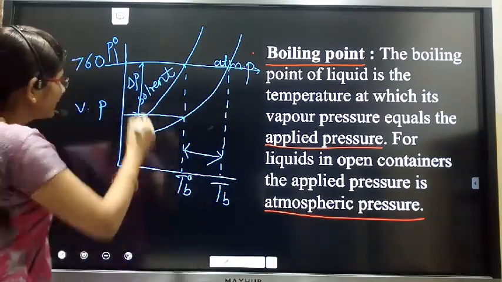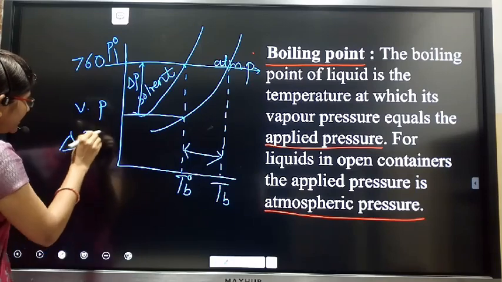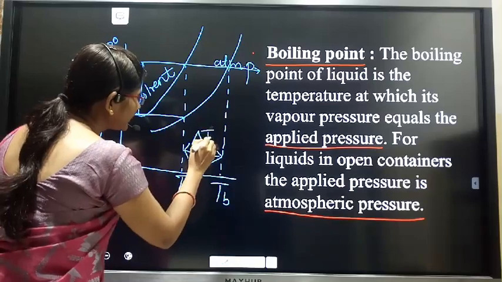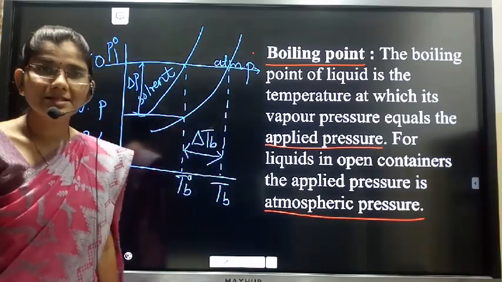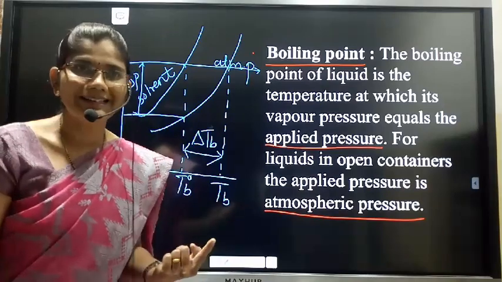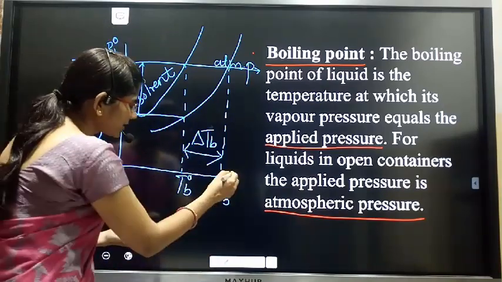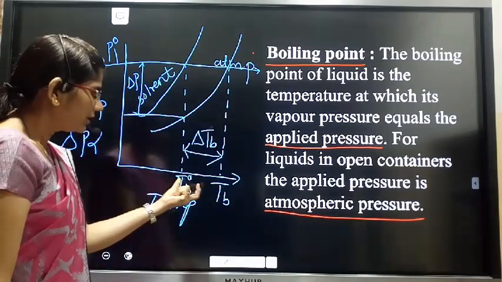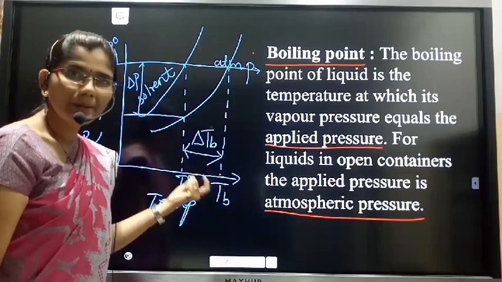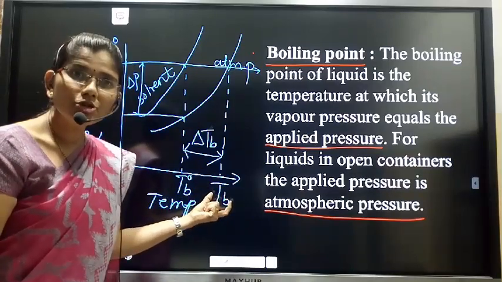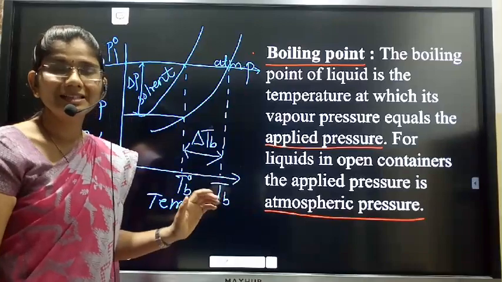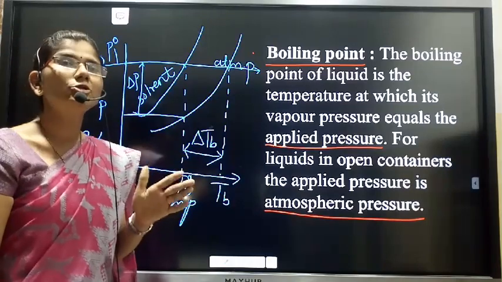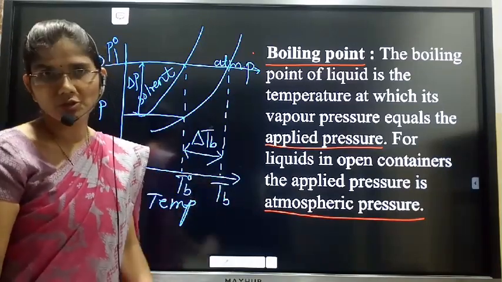Here delta P is directly proportional to this difference, which is called delta Tb, the elevation in boiling point. From this graph of temperature versus vapor pressure, we see that the boiling point of the solution is elevated, it increases, when we add a non-volatile non-electrolyte solute to the solvent to form a solution.